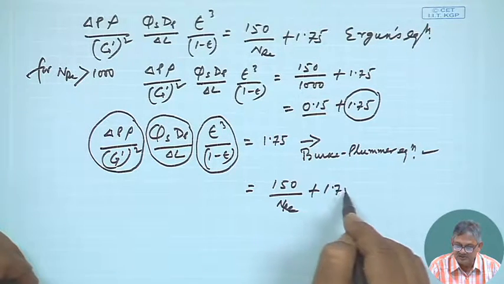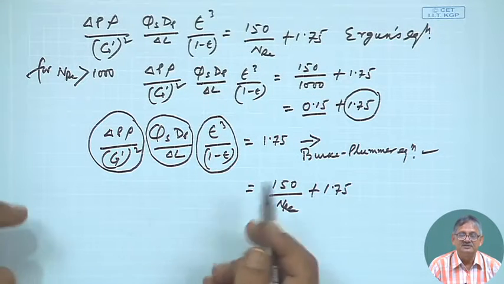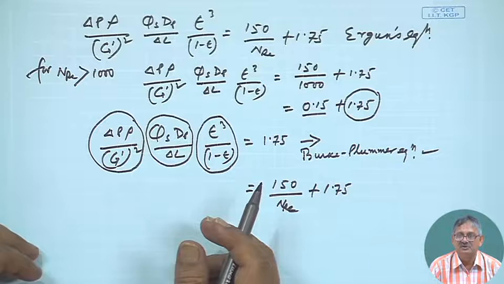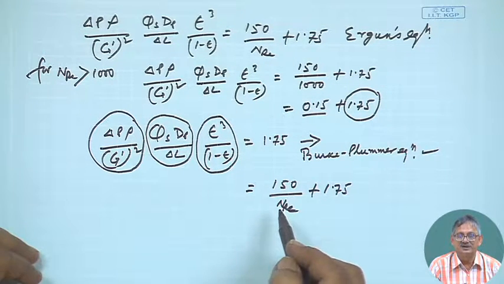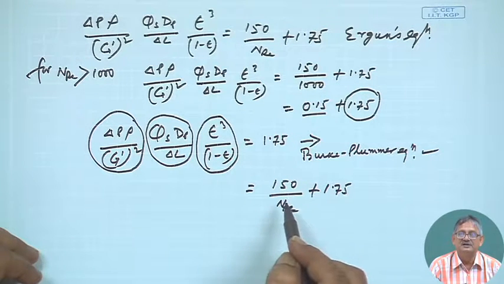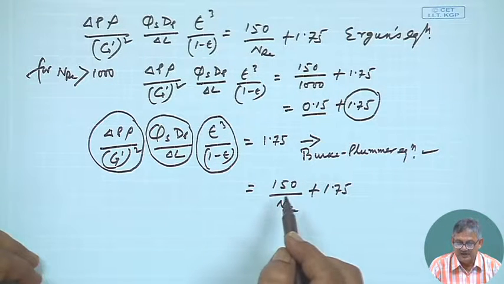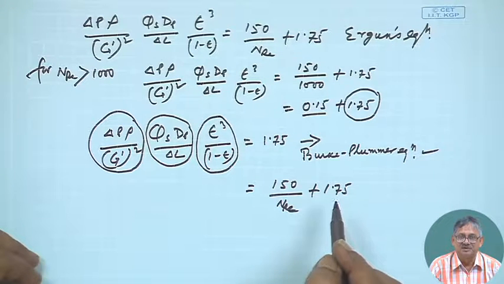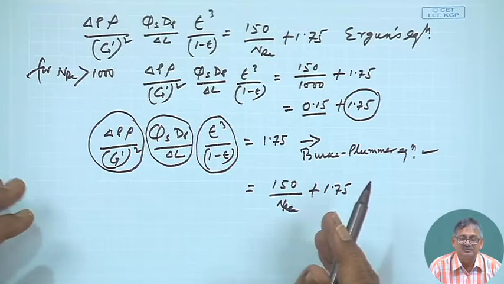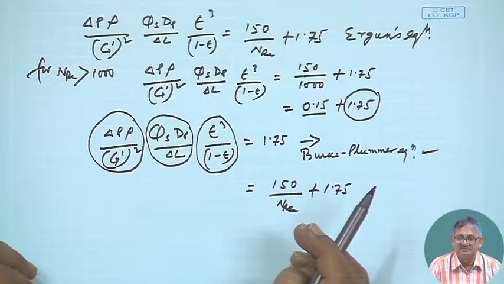When we take the 150 by NRE, it is Blake-Kozeny; when we neglect the 150 by NRE, it is Burke-Plummer; and when we do not neglect either of them, it becomes Ergun's equation.